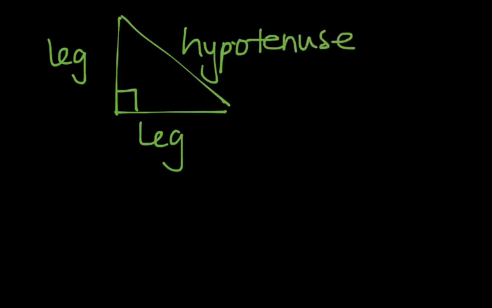With our legs labeled A and B, and honestly, it doesn't make a difference which side is A and which side is B, as long as it's one of the sides that is touching the right angle, it's an A or a B. And then we'll go ahead and call the hypotenuse C. And that's our longest side.